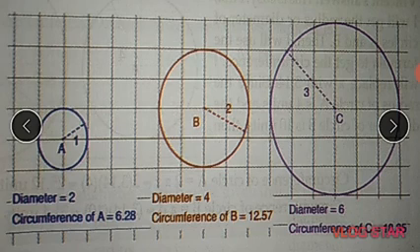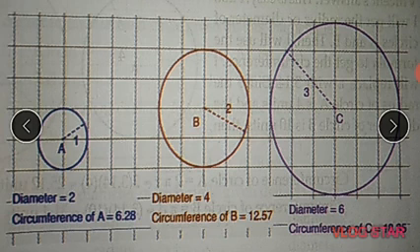Next, we will see the diameter and circumference of different circles. The ratio of circumference to any of the circle's diameter is constant. So it means that the ratio of diameter and circumference is constant.